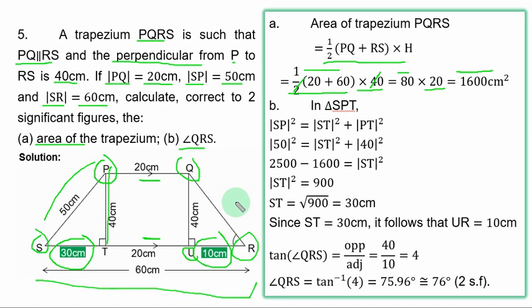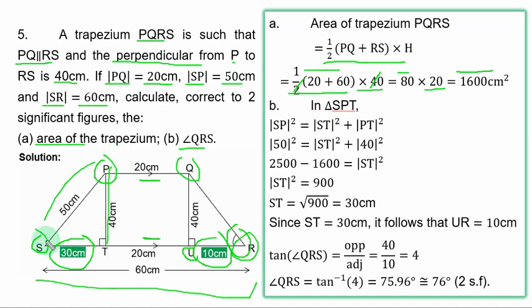B, we are to look for angle QRS, this angle. Before then, we need UR so that we can look at triangle QUR, since QU is known, but we cannot get UR directly. Now let's look at triangle SPT.